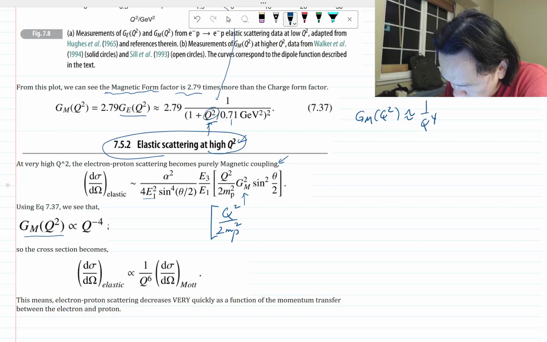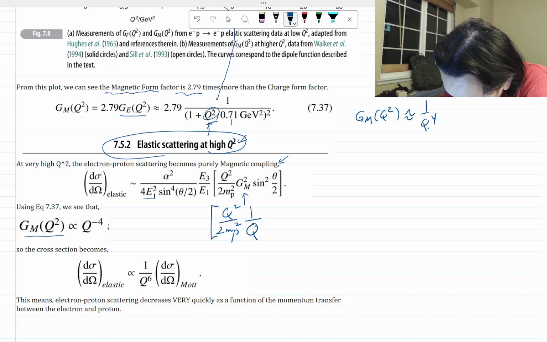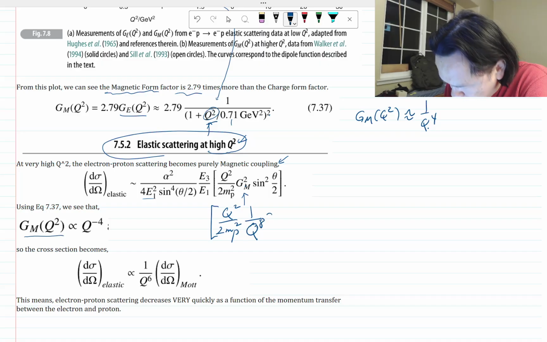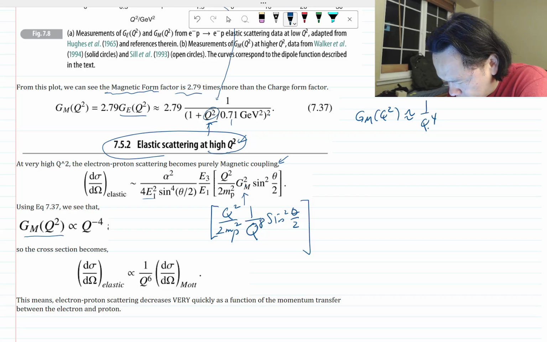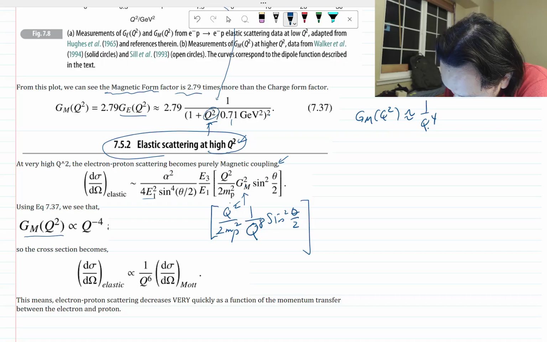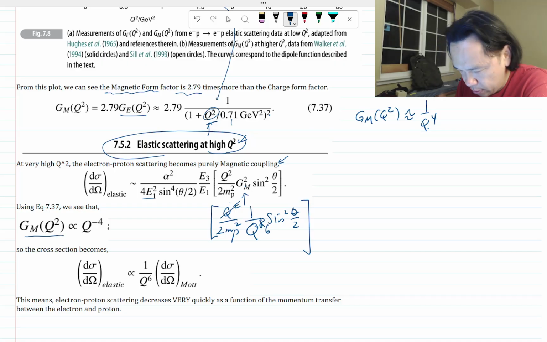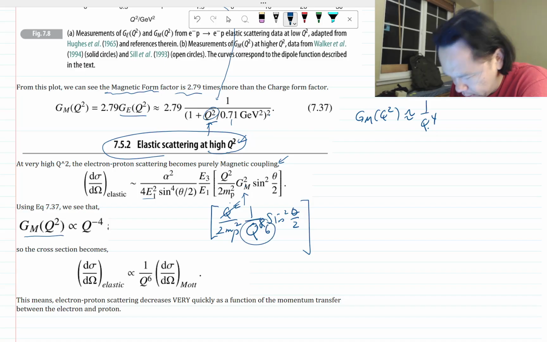And then this GM part. GM itself is proportional to 1 over Q squared to the 4th, so GM squared is actually proportional to 1 over Q to the 8th, times sine squared theta over 2. In this case, some of the factors of Q cancel out, but you end up with Q to the 6th power in the denominator.